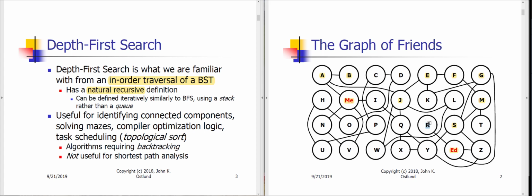We'll go to R. And once again, we hit a point where we have to backtrack because R has no unvisited neighbors. So we come back to Ed. We visit Z. Now, S has already been visited.